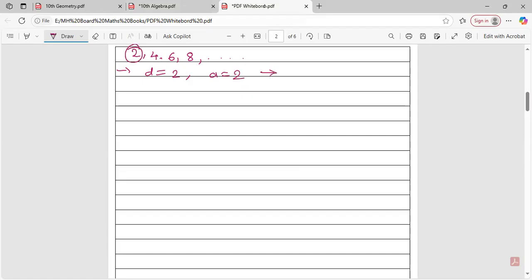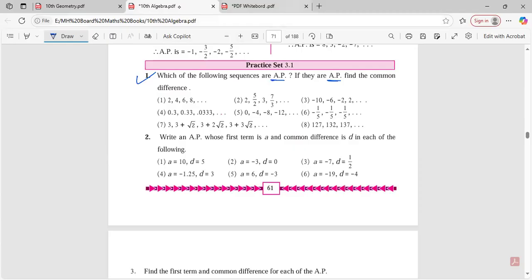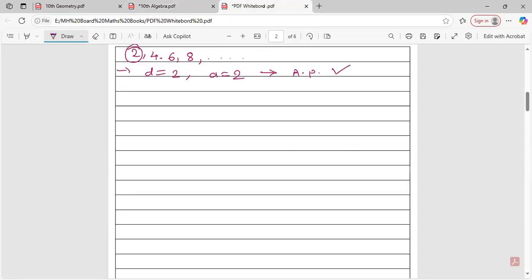So it is an arithmetic progression. Now next, 2, 5 by 2, 3, 7 by 3, and so on. Is it an arithmetic progression? Check.